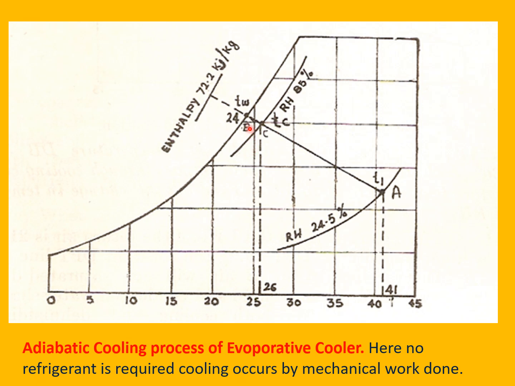So the temperature comes down to B, but actually practically it is the C point. That means 26 degrees Celsius, which is comfortably cool for human subjects in India and particularly in NCR region.